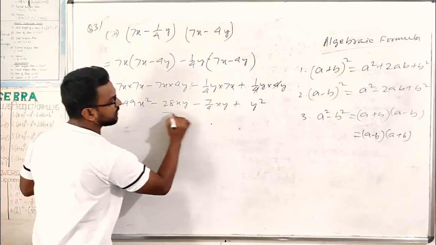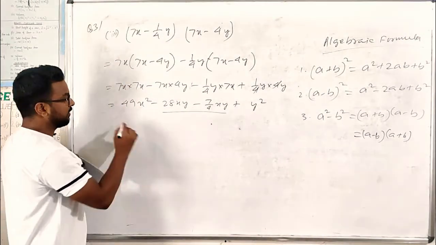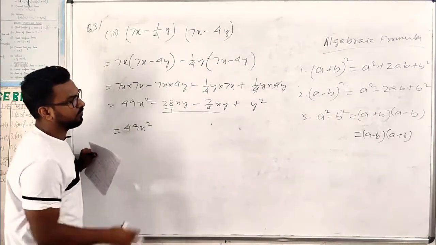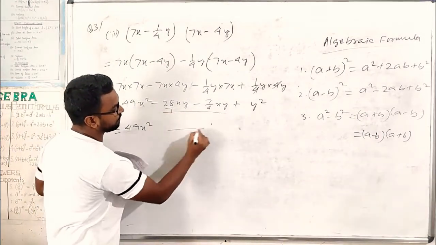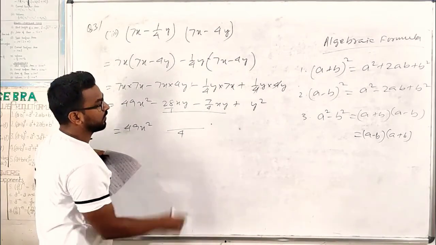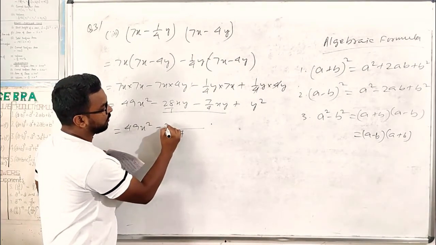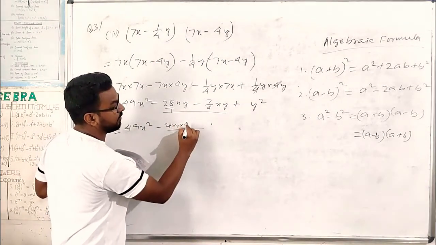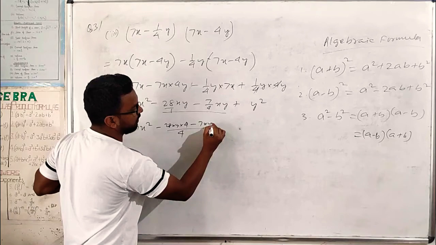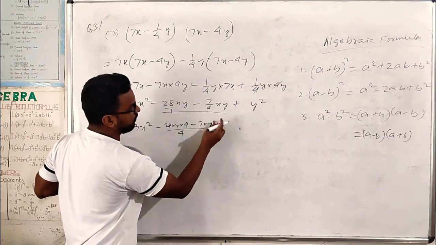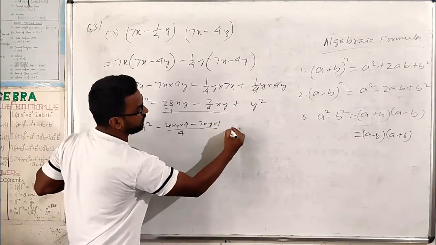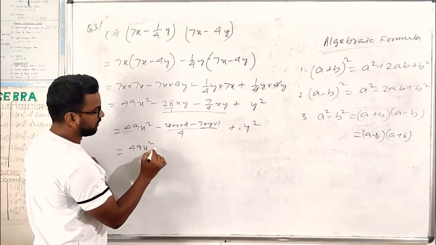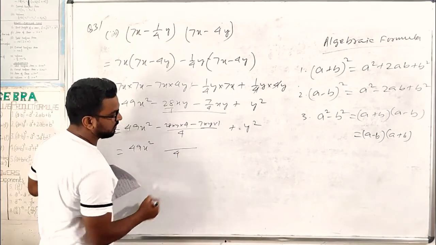Okay, now you see these are like terms. Again you have to solve it. So what we will do, 49x square, we have to find the LCM. Okay, if you put 1, the LCM will be 4, so write down 4. So minus 28xy into 1, how many times? 4 times, so you multiply by 4 minus 7xy into 4, 1 4s are 4, right? Plus y square. So this can be written 49x square. We'll write the LCM, that is 4.